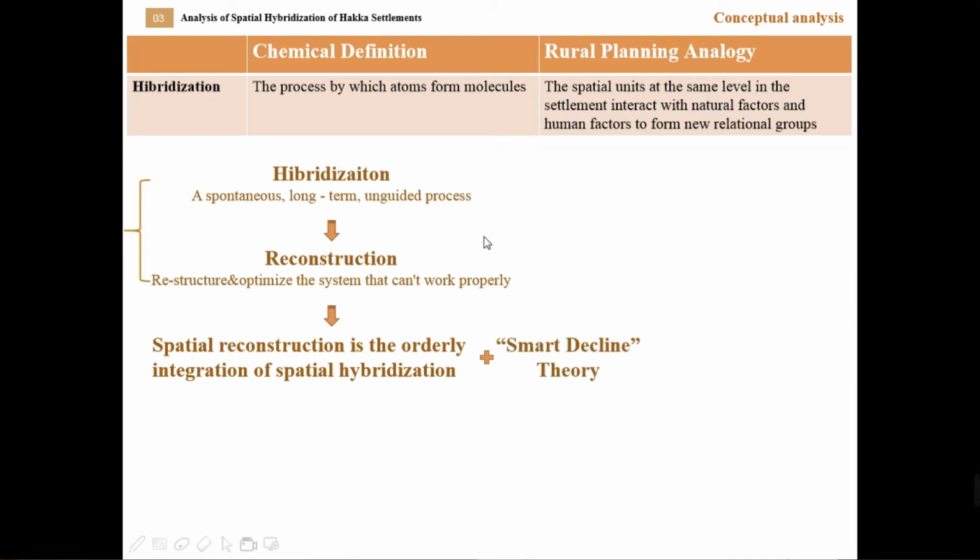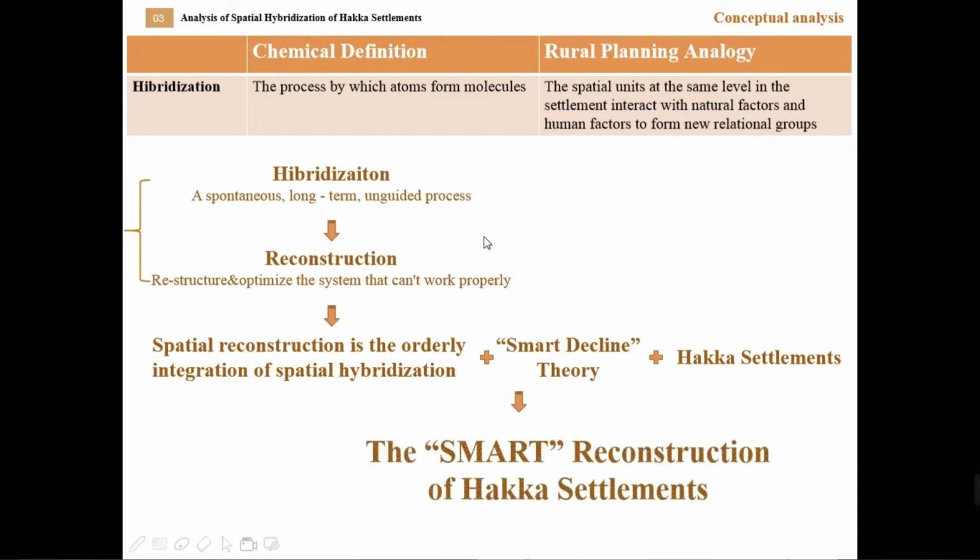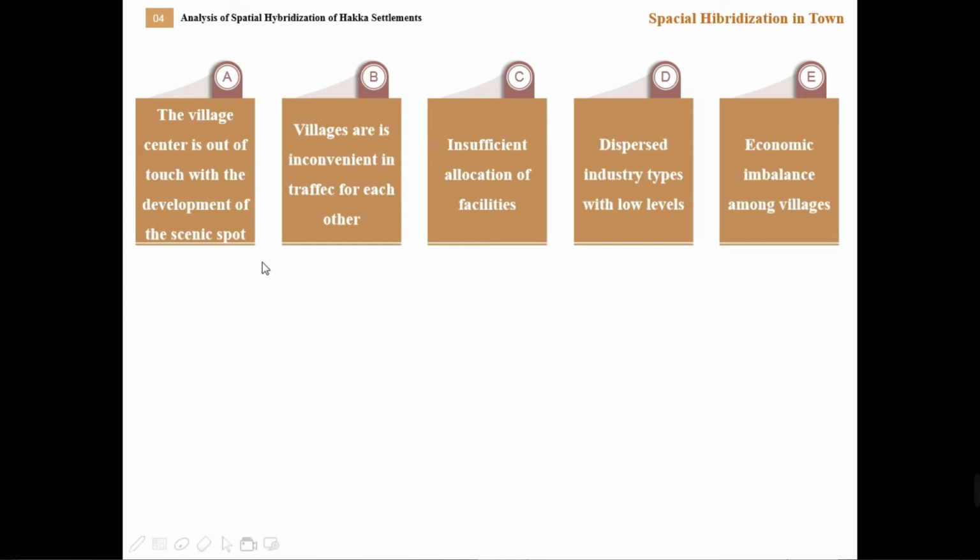That's why I bring up the smart decline theory to do this. My target is Hakka settlements, of course, and that brings up my title: smart reconstruction of Hakka settlements. Yeah, and that is the whole logic of the thesis.